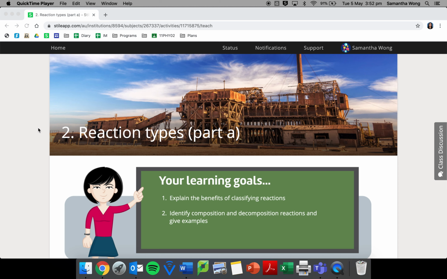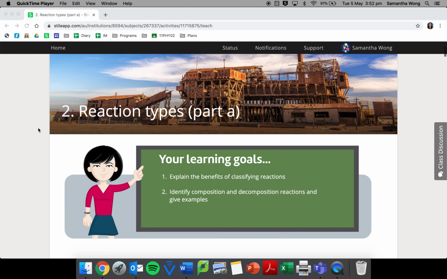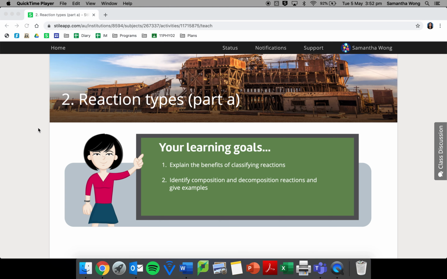I figured because we have now done some work on reaction types, it is worthwhile to now go through some of these activities and discuss the thought process behind the solutions. So on Monday, May 4th, that lesson was designed to start introducing us to the different types of reactions.